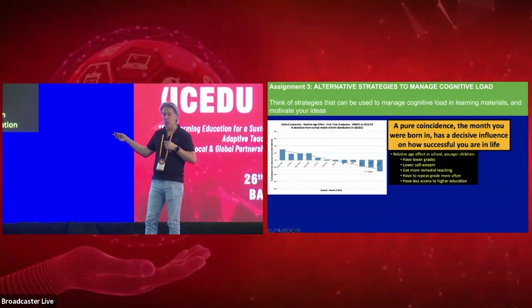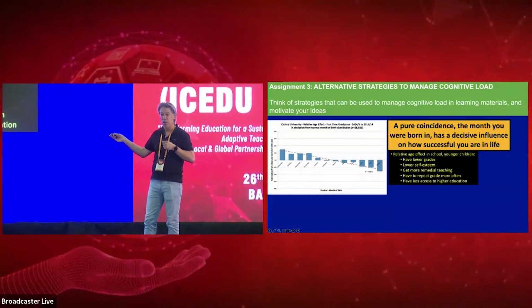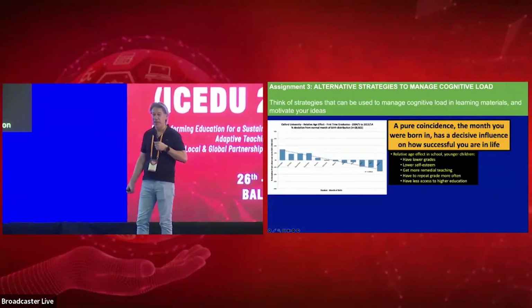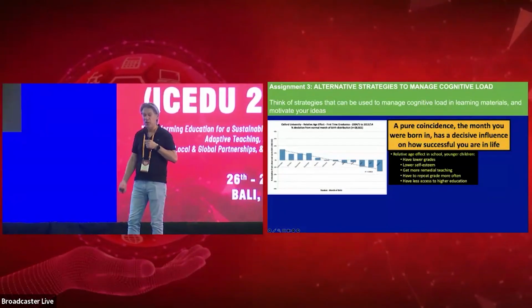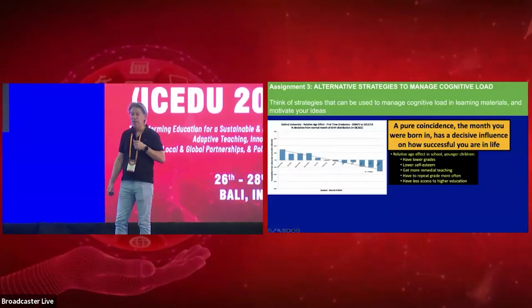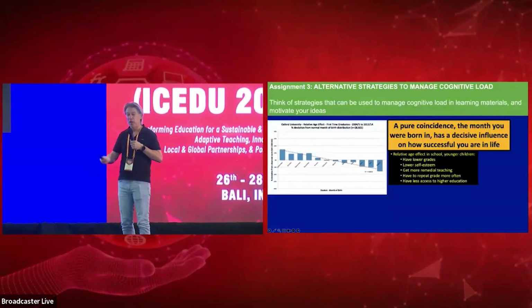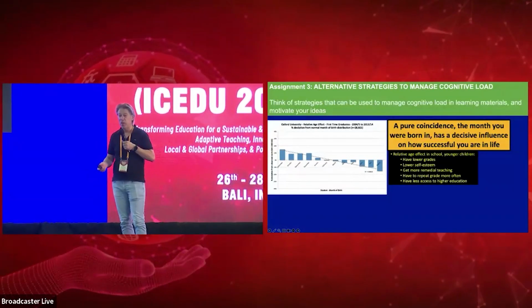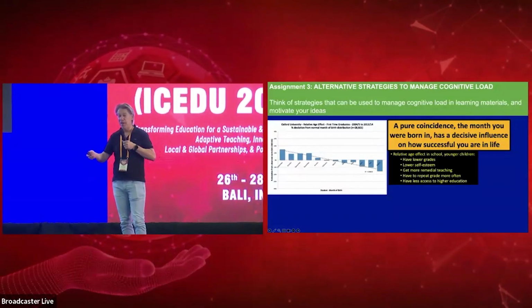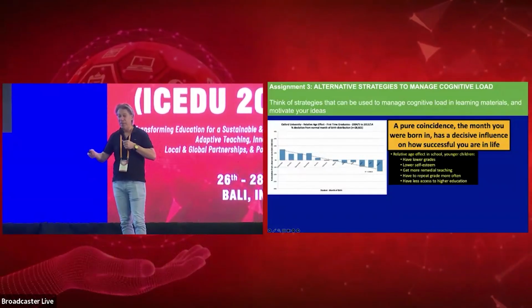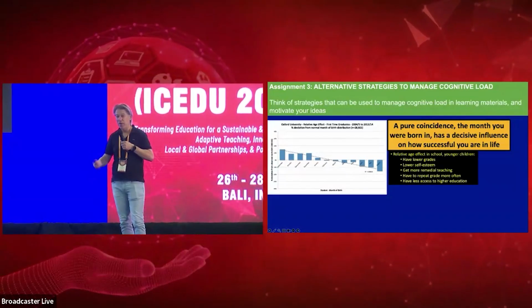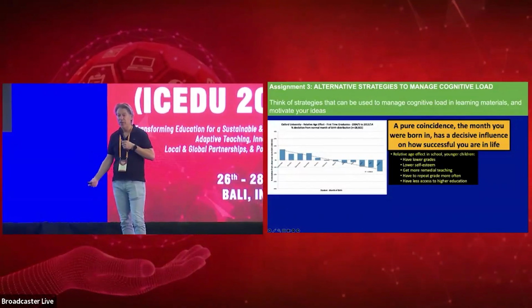This happens when children enter primary school, and so that's where it all starts. And maybe even before, if children are in a sports team, then they will also be the children that are already like 10 months older. They are identified as more talented.